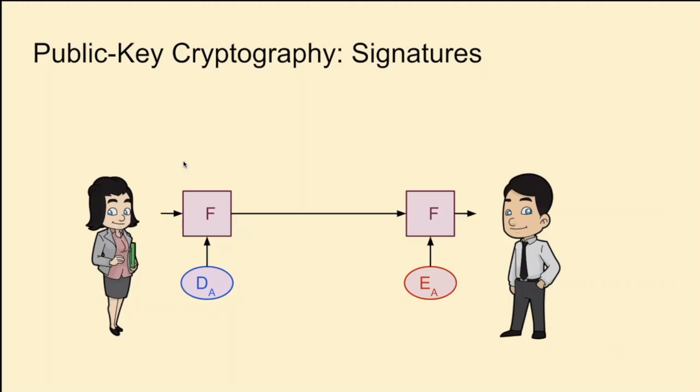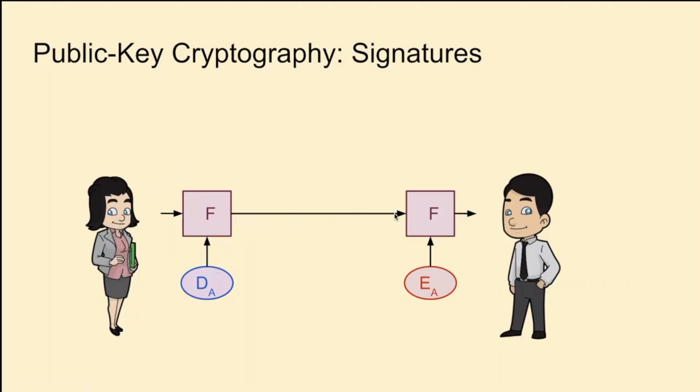The way she can do that is she takes her message and she puts it through the encryptor using her decryption key, so using her secret key. And she's the only person who knows what that key is.